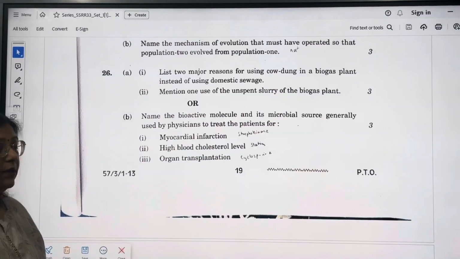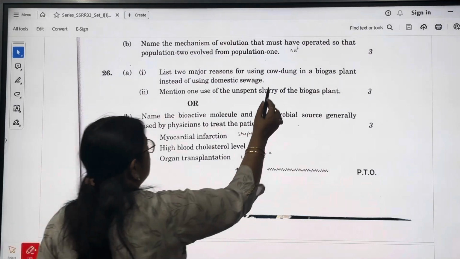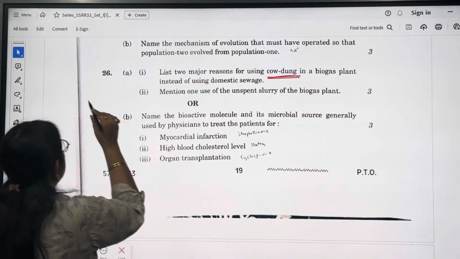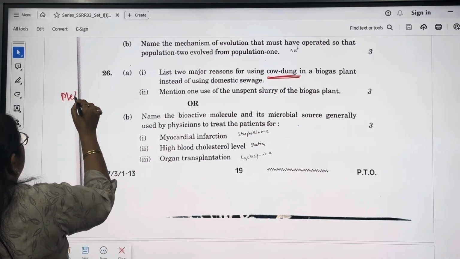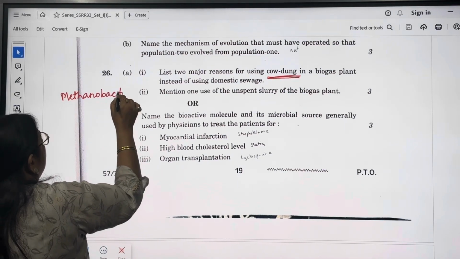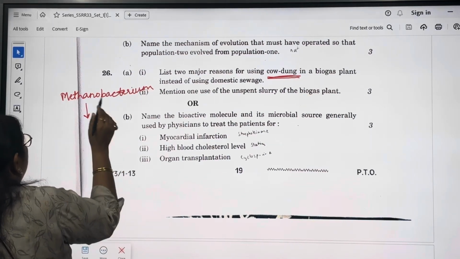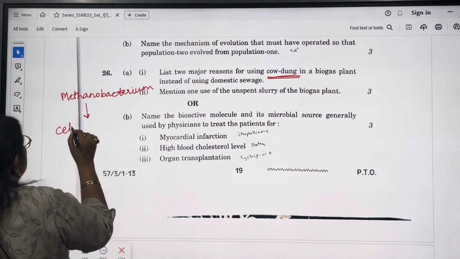Next, question number 26. List two major reasons for using cow dung in a biogas plant instead of using domestic sewage. Cow dung actually contains the bacteria Methanobacterium, which easily work on the cellulose part.